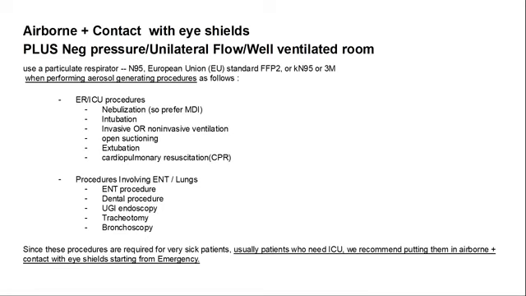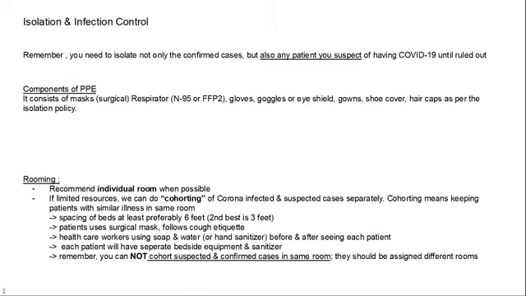We'll talk more about that. So remember, whenever you are admitting a patient to the hospital, any patient who is suspected of COVID-19 should not be mixed with a patient who has COVID-19. You don't want to mix suspected cases with proven cases.